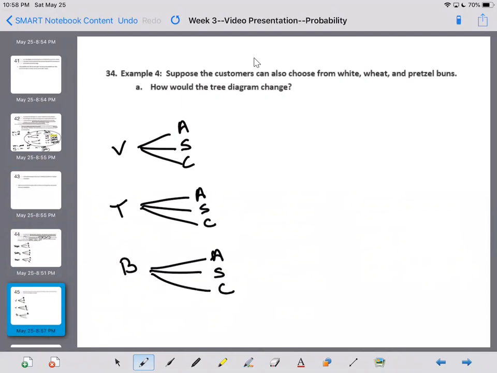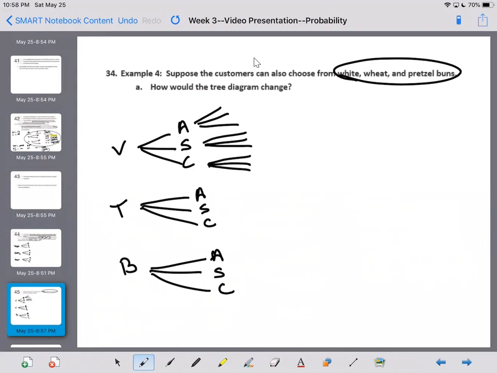But if you're also going to bring in 3 different types of buns, now look at how that changes. So each choice is going to have the white, the wheat, and the pretzel.